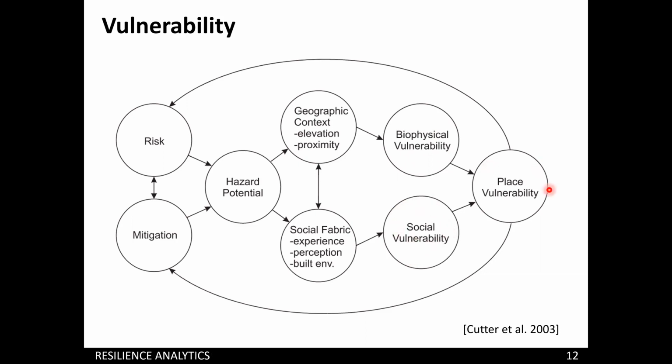Based on that combination, that could affect the risk, and it could affect how we choose to mitigate that risk. So that's a way to describe the vulnerability that extends from some kind of hazard risk.